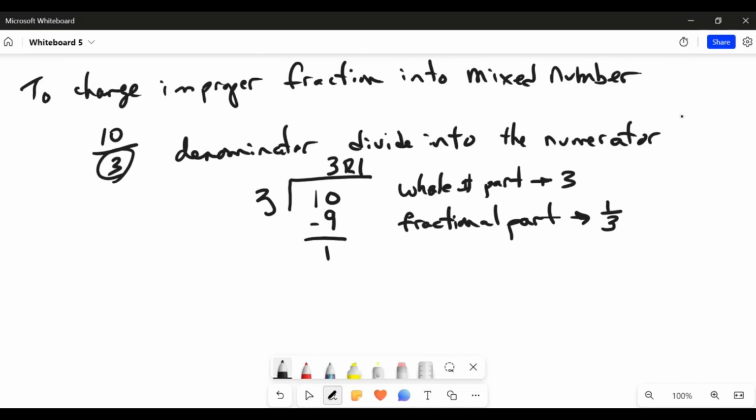So 3 goes into 10 3 times. There's a remainder of 1, and so 10 over 3 is equal to 3 and 1/3.